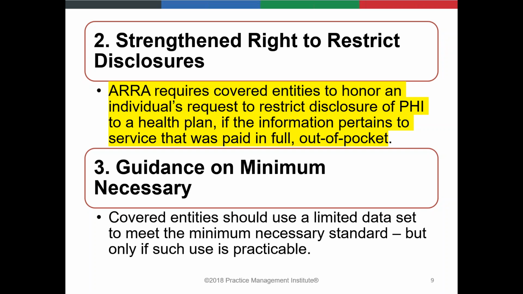Your contract states that you have to file the patient's insurance, but if the patient says, I'm restricting disclosure of PHI to that Blue Cross health plan, they would then sign a waiver to file insurance and agree to pay 100% out of pocket for those services. Then at that point, that overrides your managed care contract.